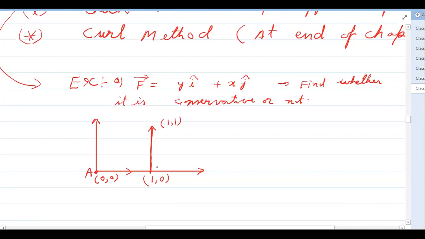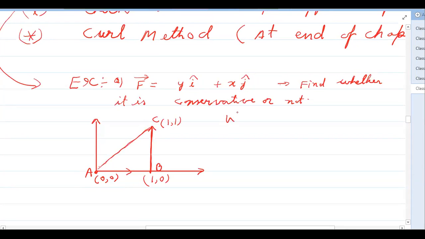So from A to B to C, this is one path. Another path we will take is direct, A to C.